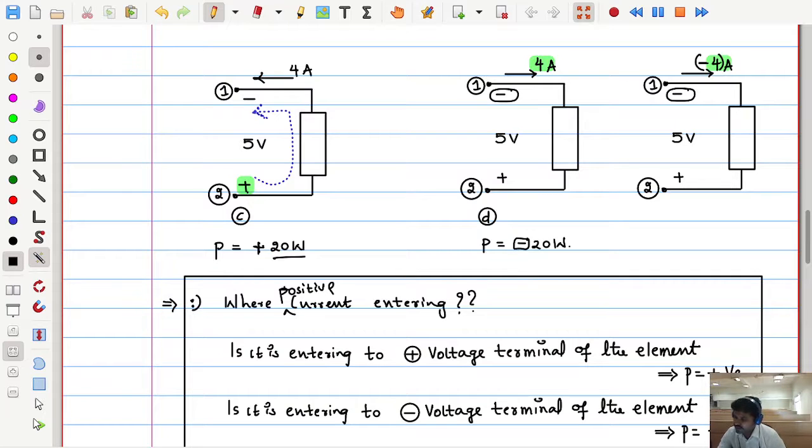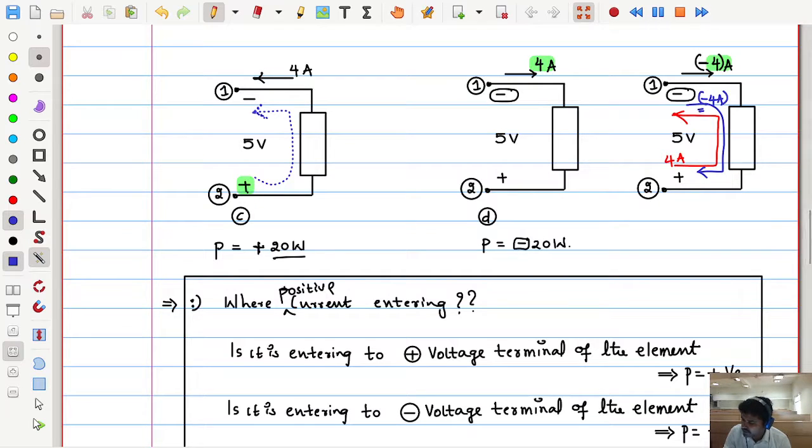Now, don't say that 4 amperes is entering at negative. That is the wrong way. Minus 4 amperes is entering at negative. So minus 4 amperes entering at negative, in this direction, is equivalent to saying that in this red color direction it is plus 4 amperes, whereas blue color represents minus 4 amperes.